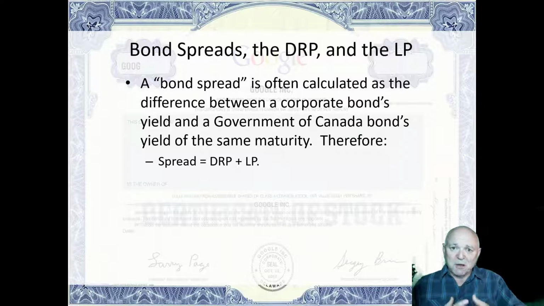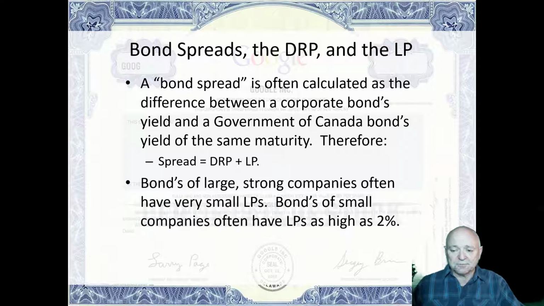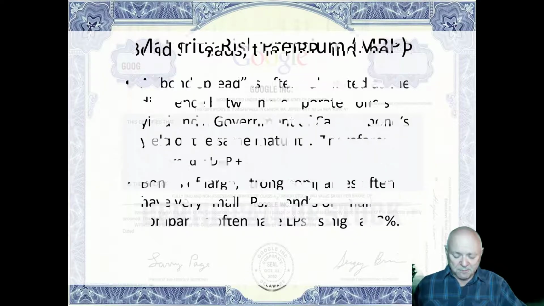So we do end up combining those things together. If we say that for all of our bonds we have a set default risk premium, for certain bonds that spread is going to be a little bit greater because of marketability issues. Bonds for large, strong companies often have very small liquidity premiums because their bonds trade frequently. And for small companies, they may have as much as a 2% additional liquidity premium on top of the default risk premium.